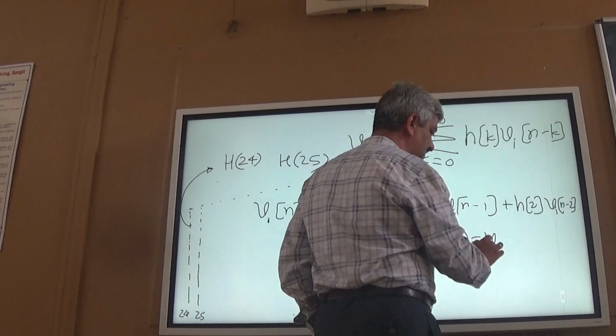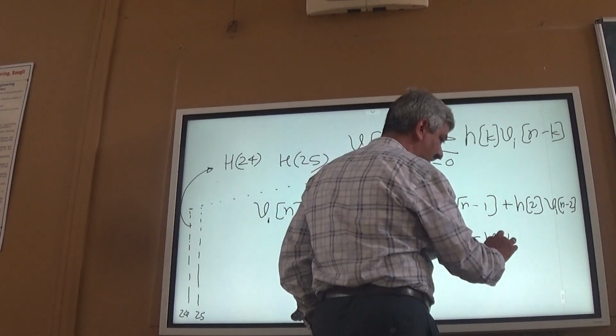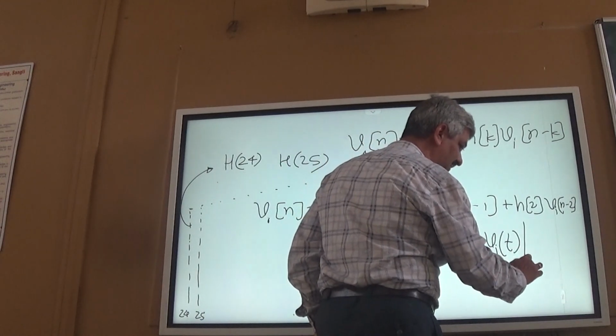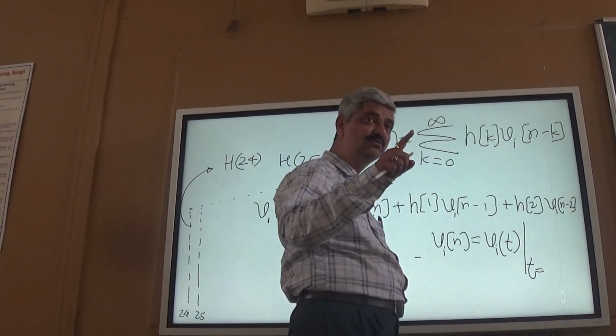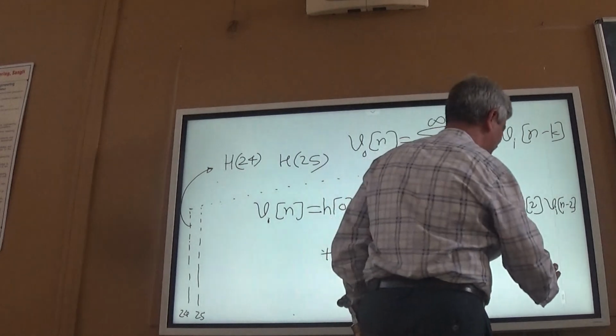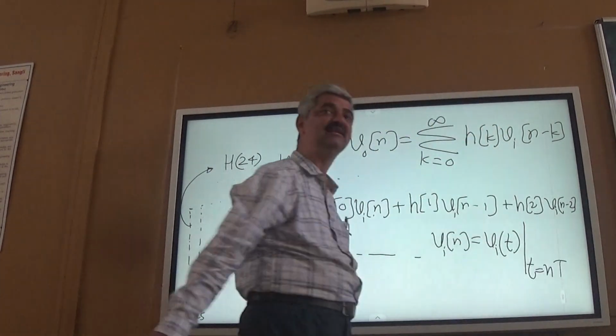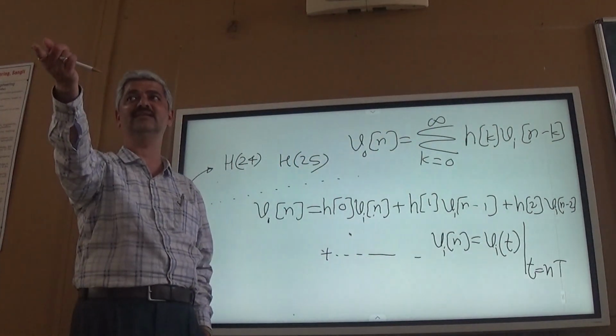V_in n is the input at the time t equal to n times capital T, where capital T is the sampling interval.